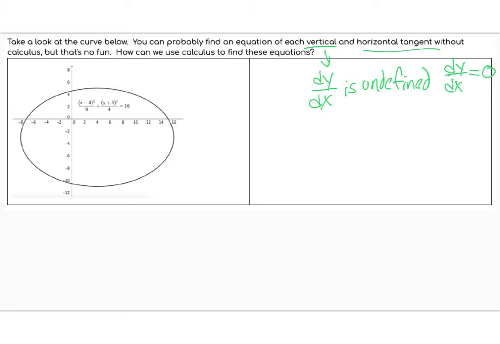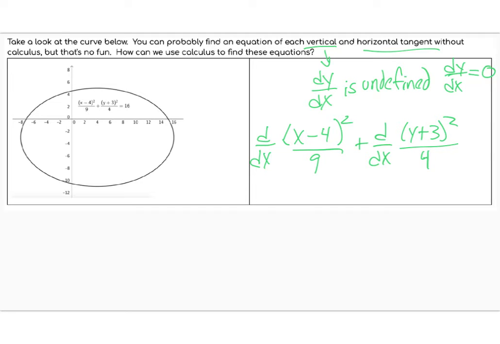So looking at this one, if I take the derivative of (x minus 4) squared over 9, plus the derivative of (y plus 3) squared over 4, is equal to the derivative of 16, all with respect to x.